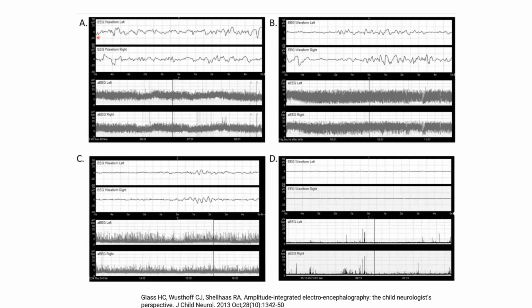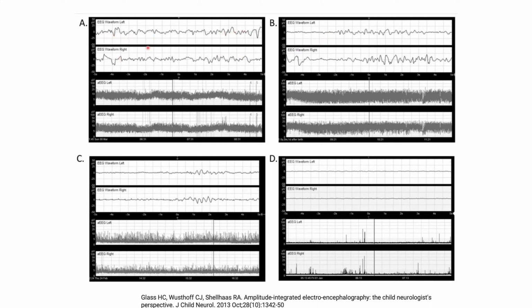So what you see in panel A is a very normal pattern, right? So you can see that the EEG is continuous. There are just 2 EEG channels, one on the left and one on the right.